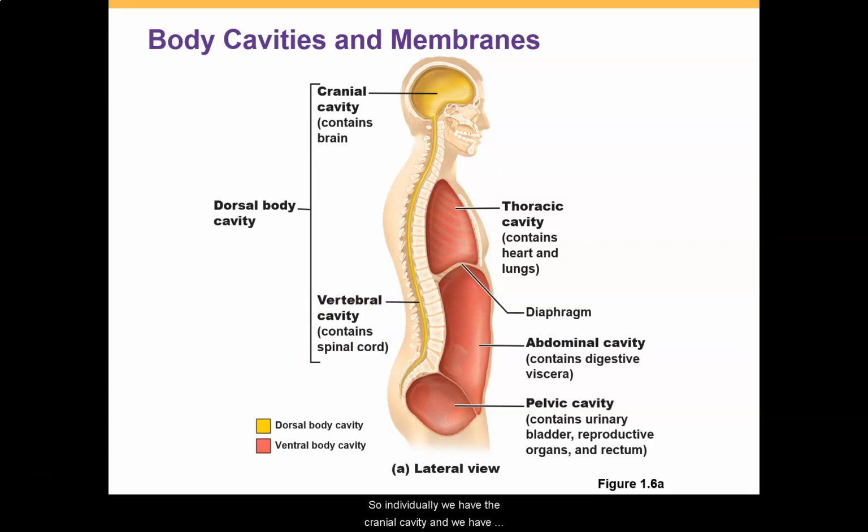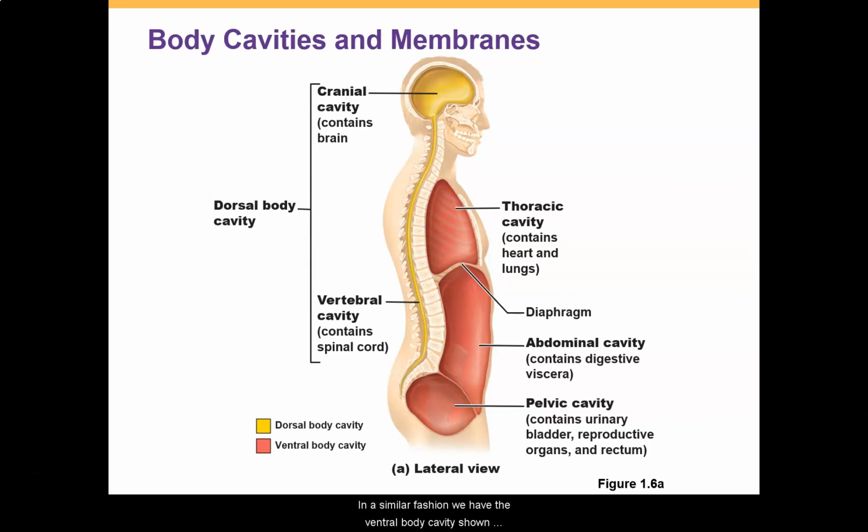So individually, we have the cranial cavity and we have the vertebral cavity, previously named the spinal cavity. Collectively, together as a unit, we call these two cavities the dorsal body cavity because they are found in the back.